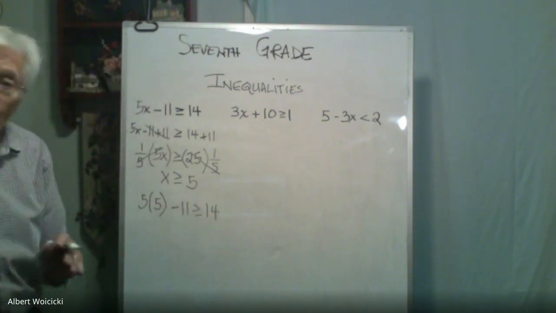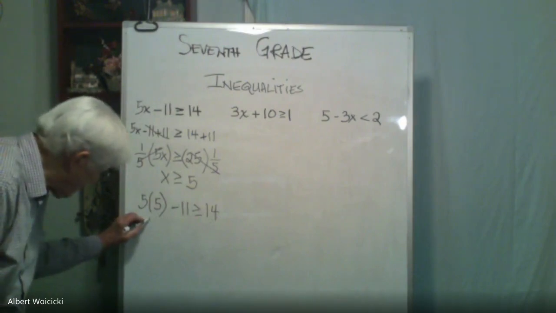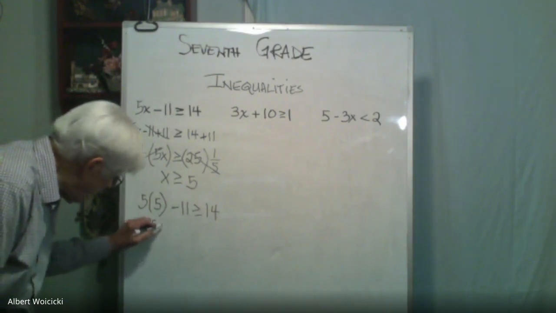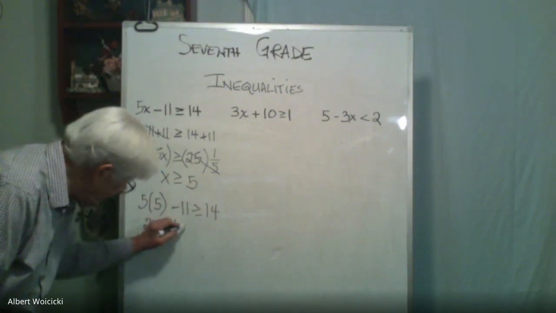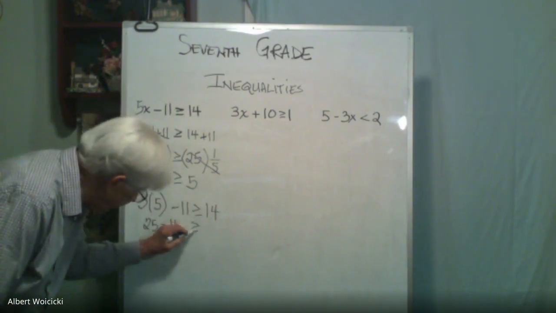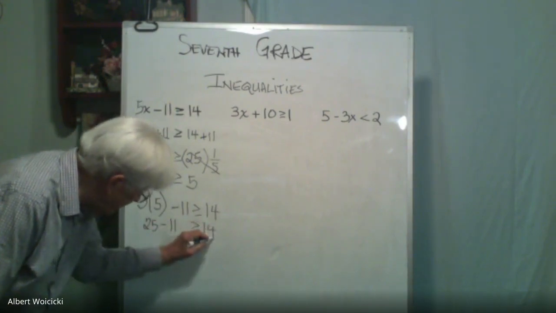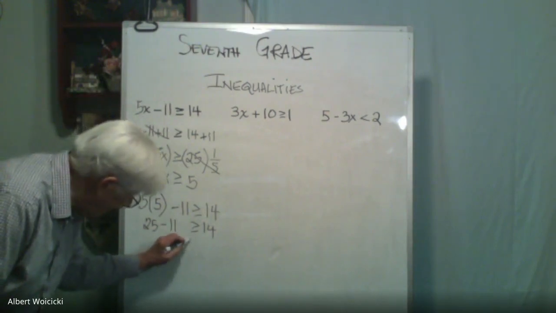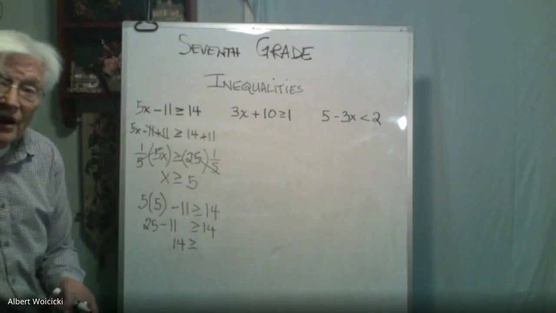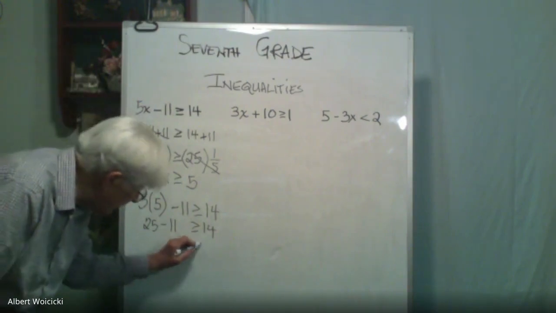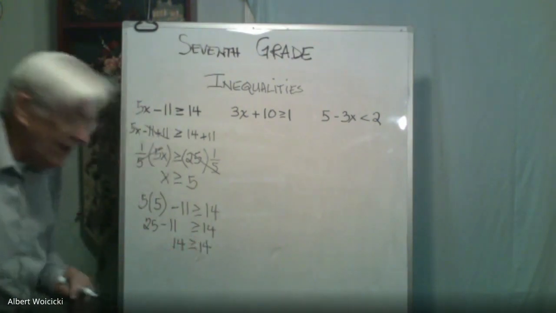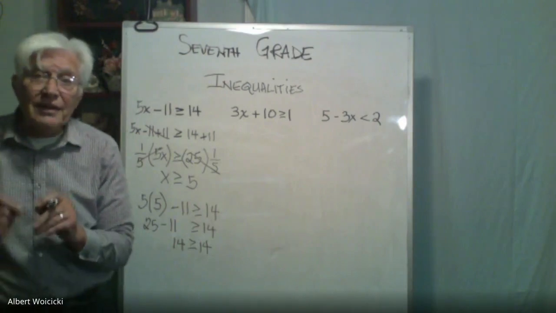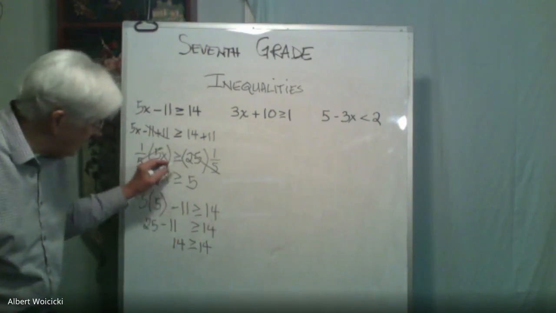Now let's see if that works. So we end up with 25 subtract 11 is greater than or equal to 14. Well, that's 14. And certainly it's not greater than, but it is equal to 14.